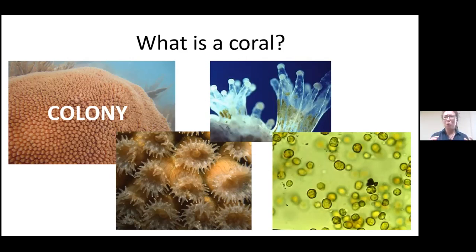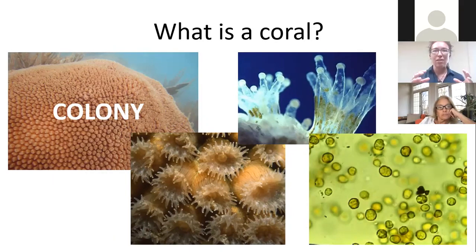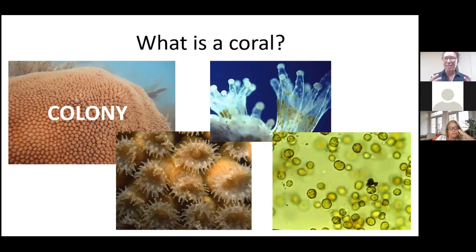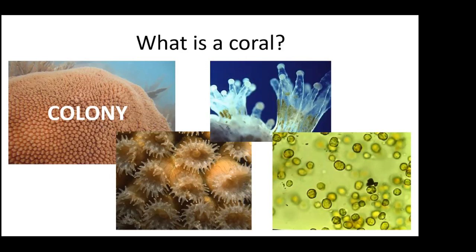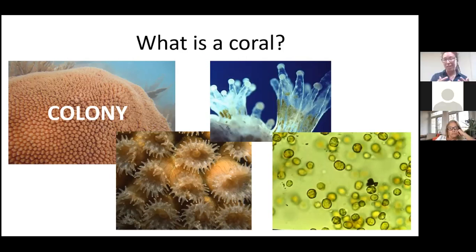And all together, they're creating this colony, this mass of many different polyps, all working together as one organism. And it has all of those things together: a coral is an animal, but it is also housing algae, or a plant, and then it's depositing that skeletal structure, creating a rock left behind.